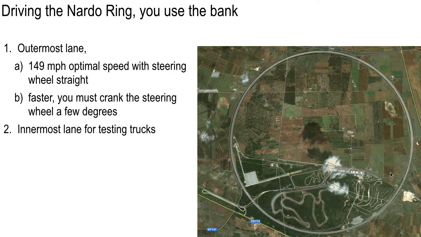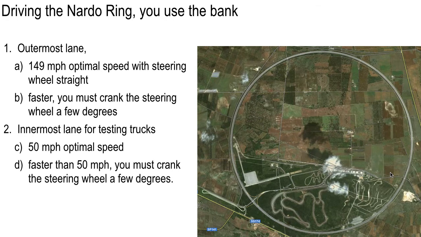Now, the innermost lane, as I mentioned before, is for testing stuff like trucks, I guess passenger cars that aren't supposed to go much more than 50. So that's the optimal speed. It's a little bit smaller and it's not banked as much. But at 50 miles an hour, approximately, you just keep the steering wheel straight.